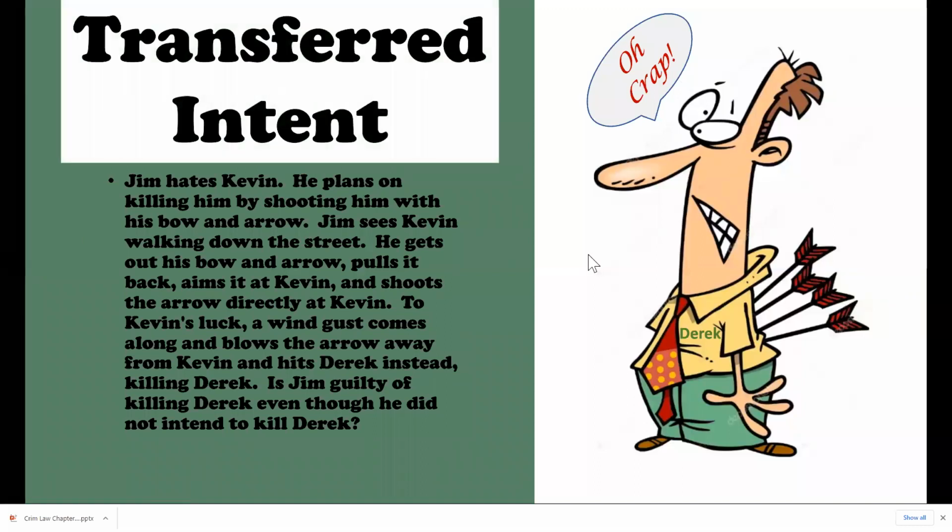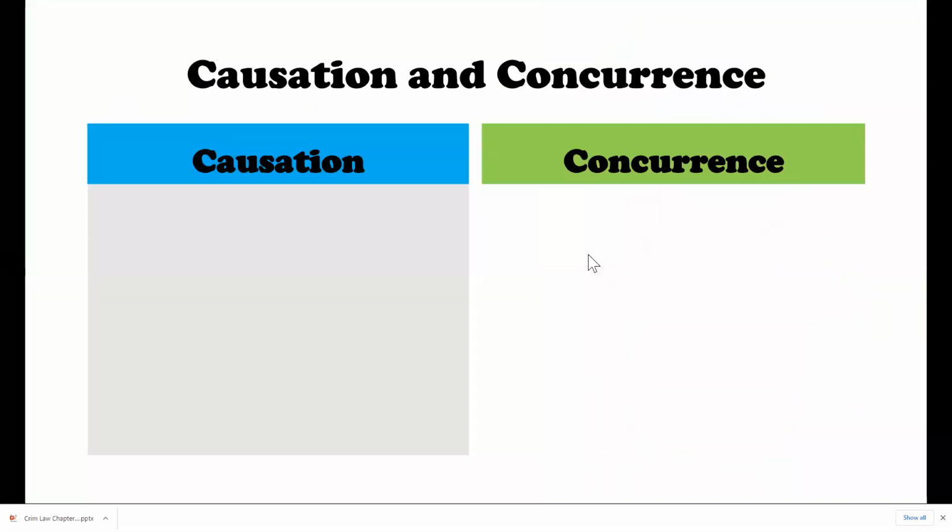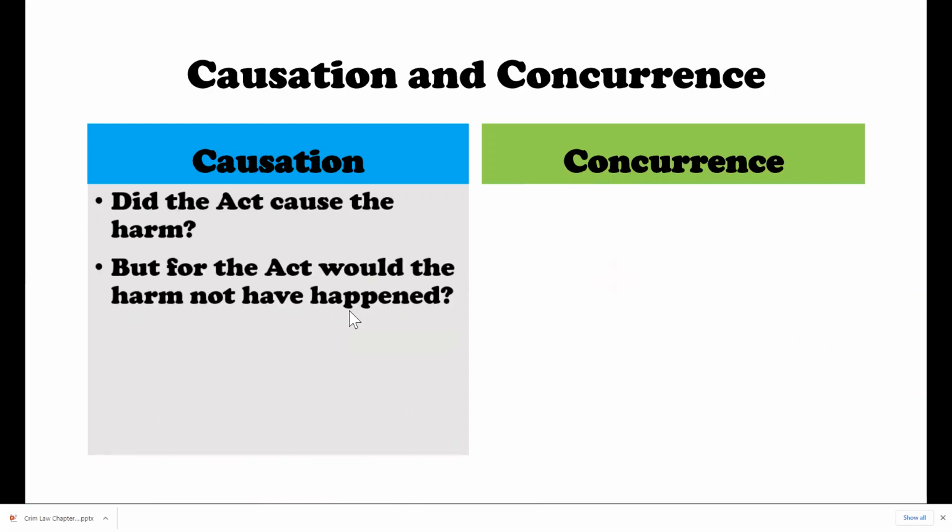And then the other two elements that we're going to look at, we're not going to look at harm to society. I think that's kind of self-explanatory, but the other two elements are causation and concurrence. And causation just means, did the act cause the harm? If the act didn't happen, would the harm have happened?